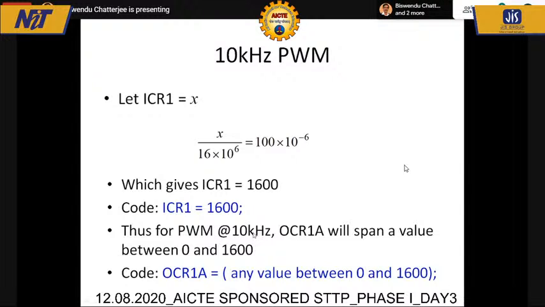Now, what will be the pulse width? OCR1 can span a value between 0 and 1600, because I have given the highest value as 1600. In this way, we can control the 10 kilohertz PWM for other purposes.